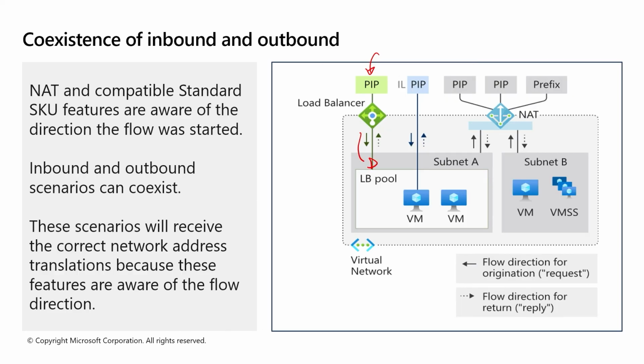But by the same token, if each of these virtual machines individually need to reach out to the internet, updating is a great example, they can traverse either via a public IP that is assigned to them one-on-one, or use Virtual Network NAT where multiple virtual machines can utilize that same pool of IPs we put up here.